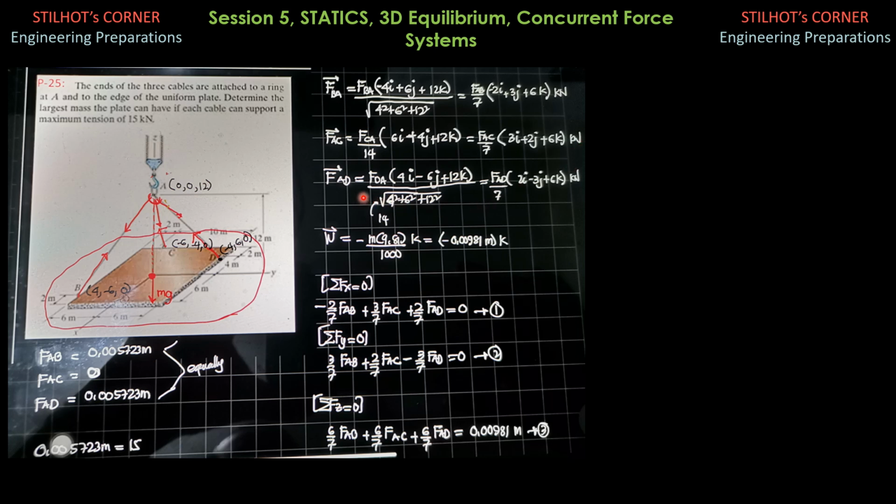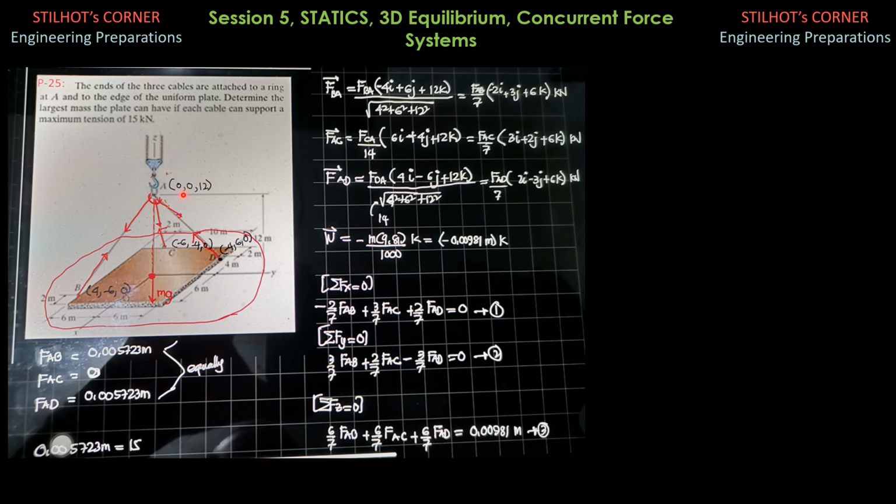Then FAD is the same as FBA, magnitude FBA, quantity D to A. So point B is at negative 4, because that's 4 backward. Then 6, because that's to the right 6. And 0, Z is 0 on the floor.